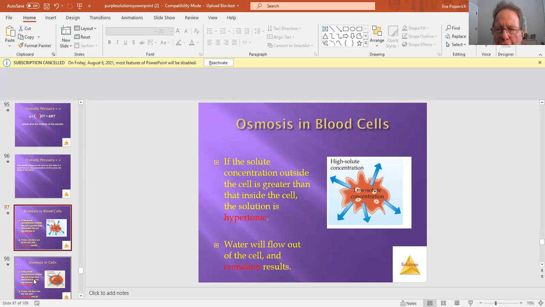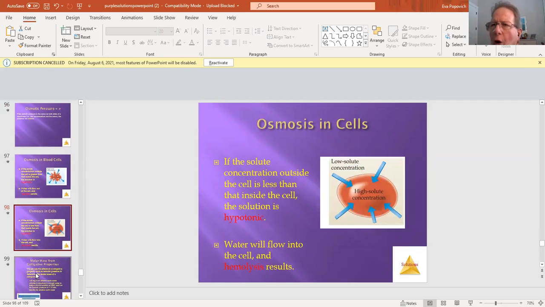In other words, you destroy the cell because there's no water in the cell. If the concentration outside the cell is greater than inside the cell, that is called hypertonic and results in crenation or a killing of the cell because all the water has left.